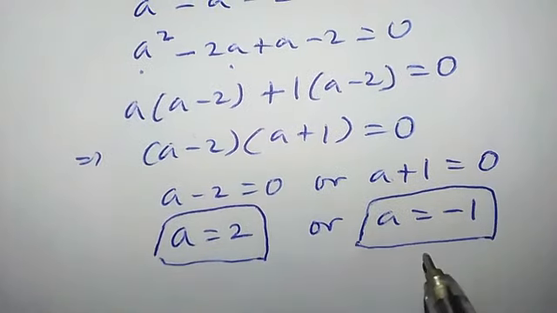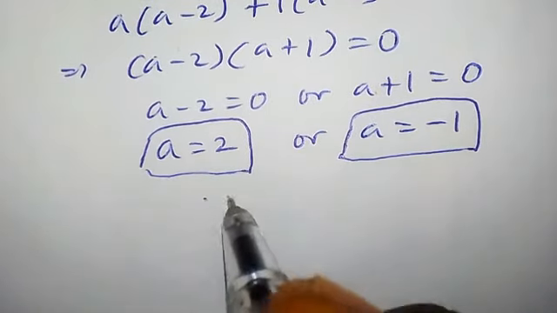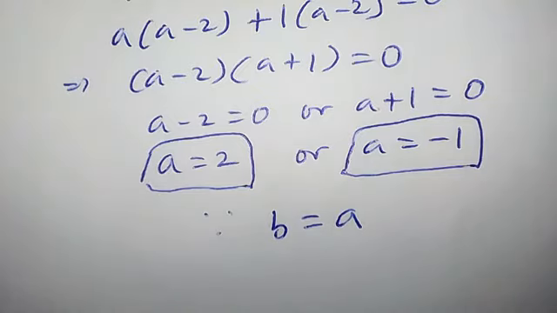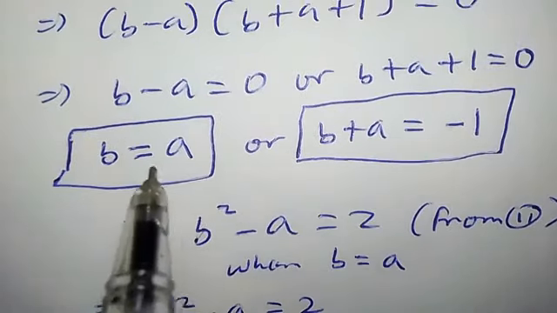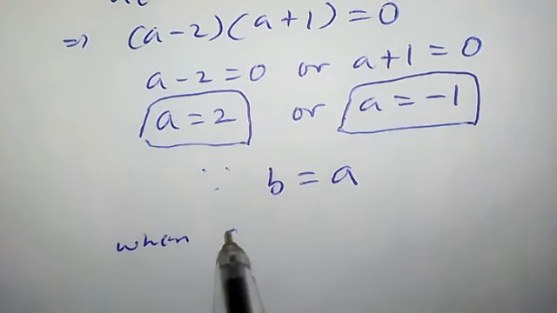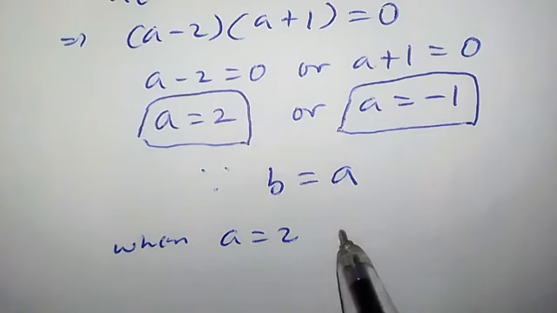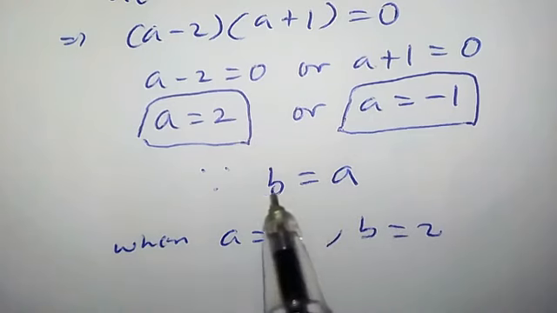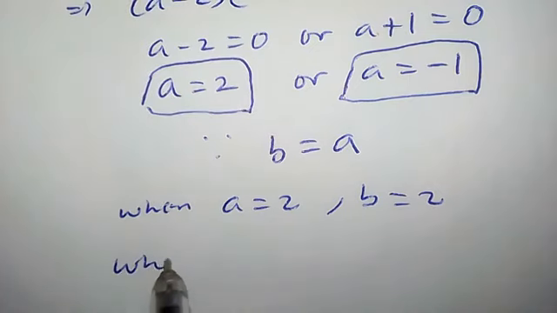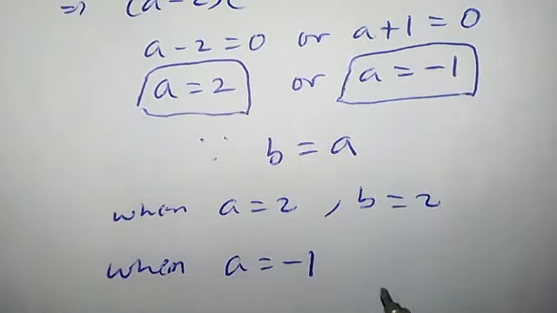We can now use these two values to obtain the value of b. So let's continue. Since b is equal to a, this actually comes from what we obtained here. When a is equal to 2, what will be the value of b? b is equal to 2, since a is equal to b. Also, when a is equal to −1, what will be the value of b?